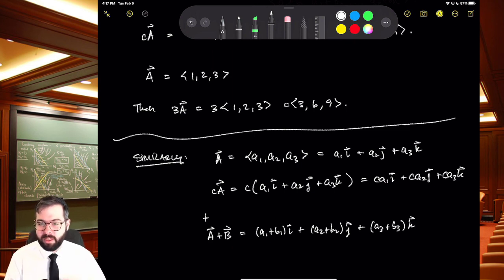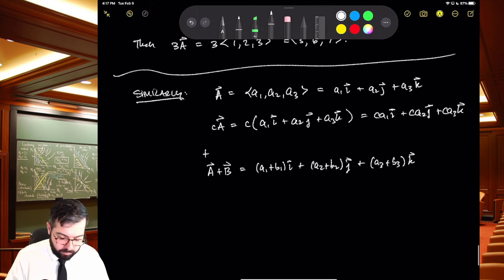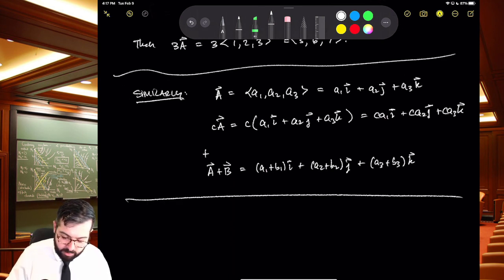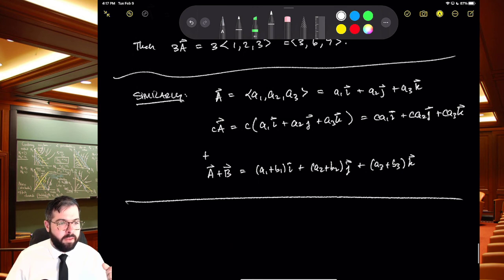So it's like one of those base level things that you got to drive into your brain, that what do we do with vectors? We break them into their components. So that's how we add those vectors. You know how to get unit vectors. That is pretty much all of the base definitional stuff.